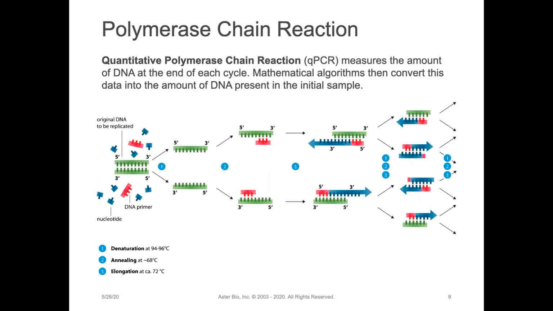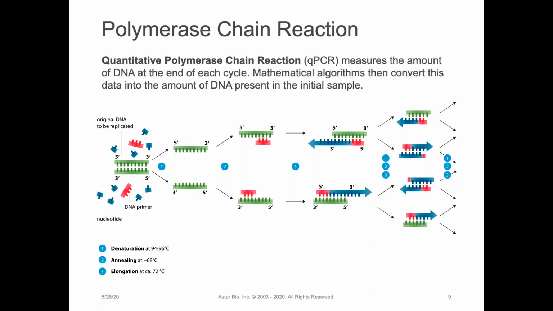So how does this work? Shown here is a schematic of what a polymerase chain reaction looks like. Starting from the left, you have in a small tube a whole bunch of components. You have the DNA polymerase that we mentioned earlier, combined with the template, the primers, and the nucleotides.